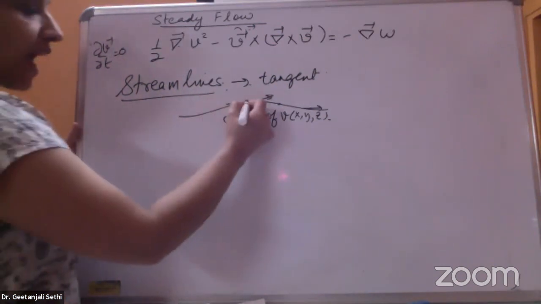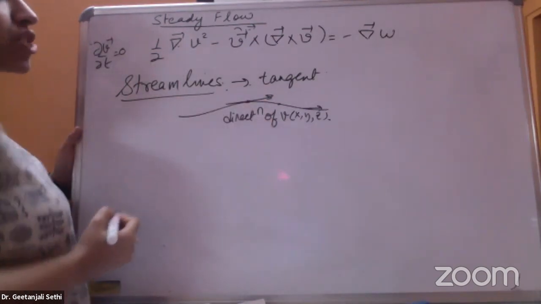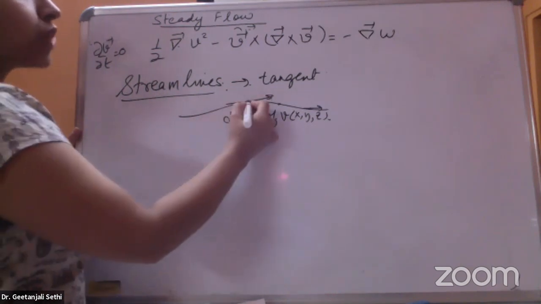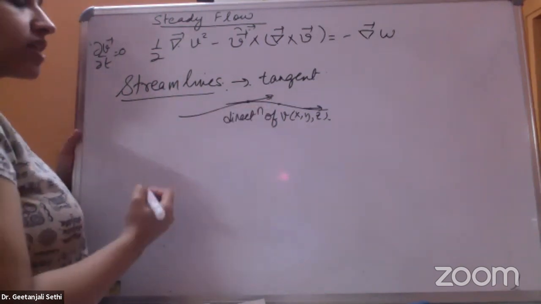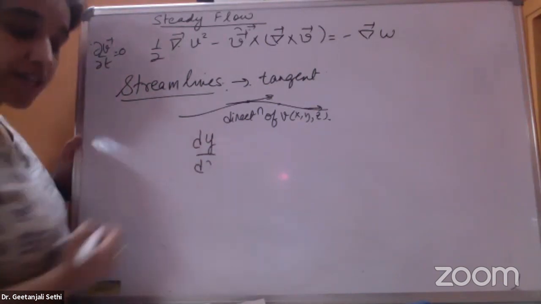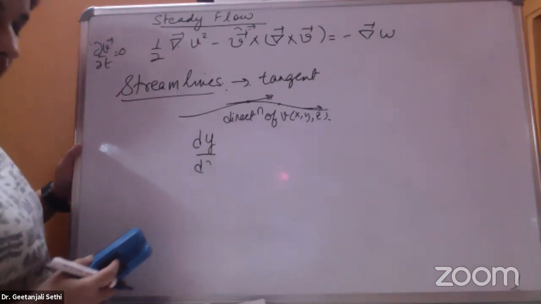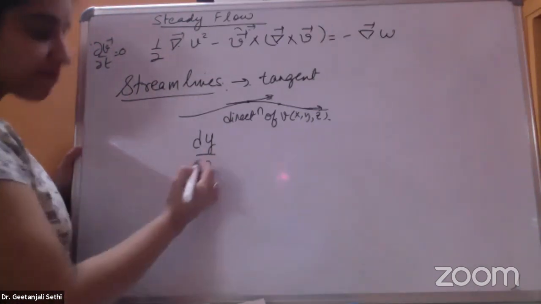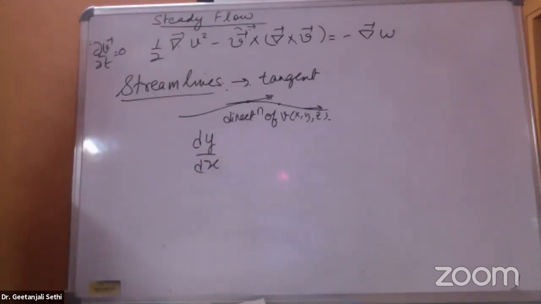Now, if you think about this definition of a streamline, and you think of the tangent at that point to represent the velocity field at that point, what will be the tangent? If I'm dealing with this in, let's say, 2 dimensions, then I can write down the tangent to my field line as dy by dx, right?